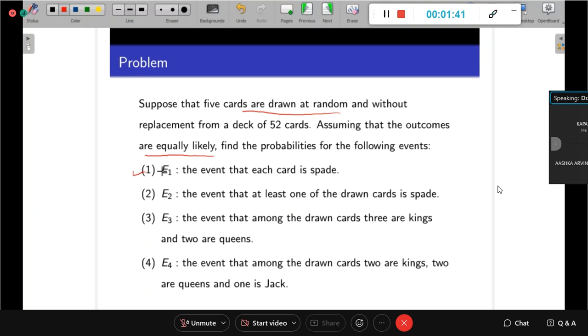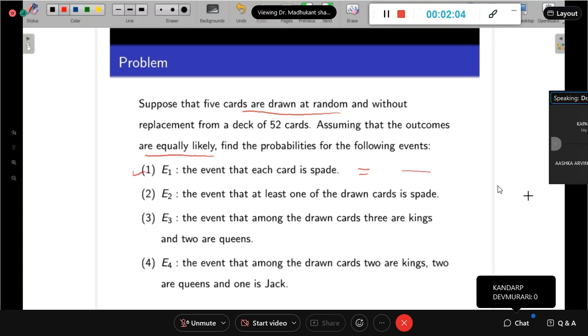It is going to be assigned using the classical definition of probability: the number of favorable outcomes versus the total number of possible outcomes. I hope all of you can do this problem.